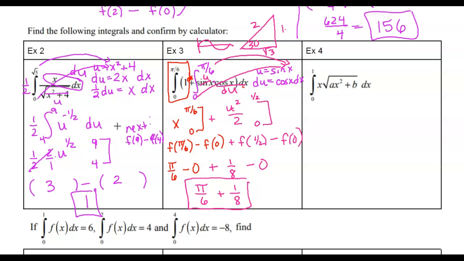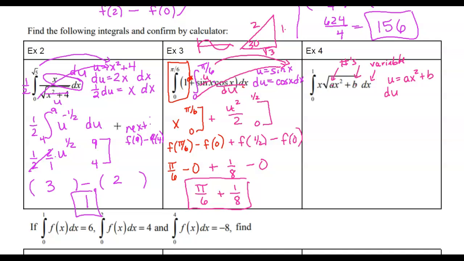All right, example 4. Well, I added these numbers in. So remember, x is your variable, which means that b and a are just numbers, like 5 and 6. It doesn't matter. So we're going to treat them like numbers when we use them. So u is equal to ax squared plus b.